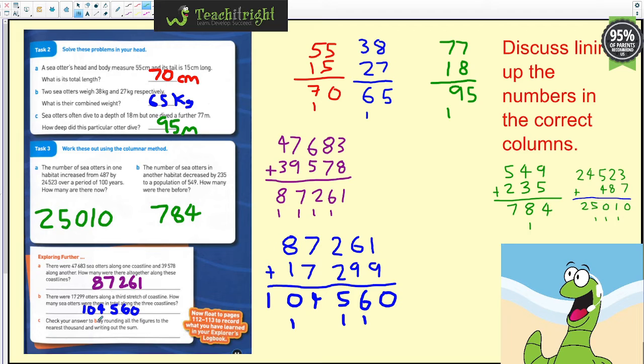Yeah, so if we were to write these out, we would have 50,000 for this first number of otters, 40,000 for the second number of otters, and we would have had 20,000 for the last group of otters.